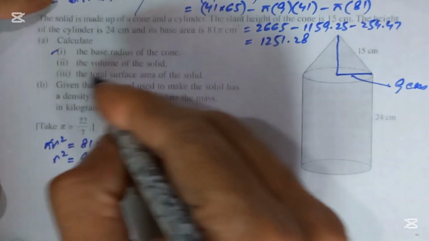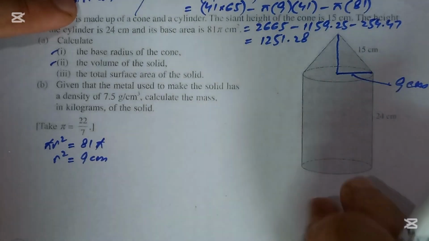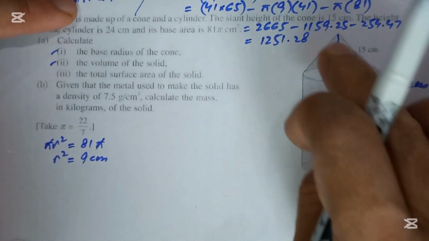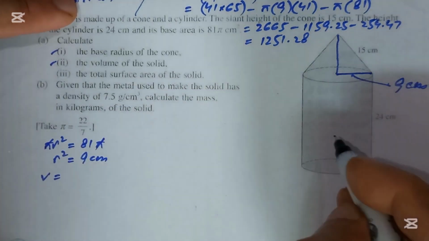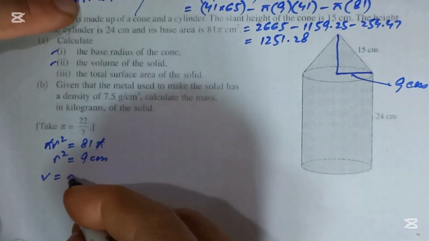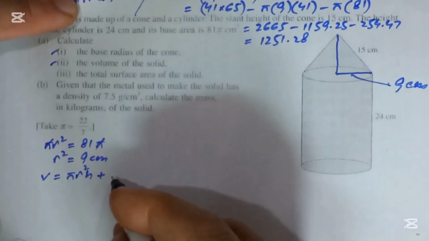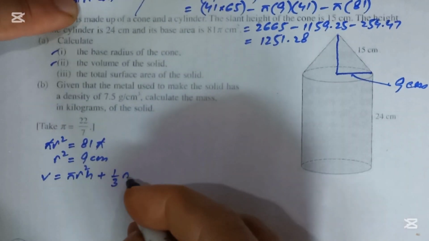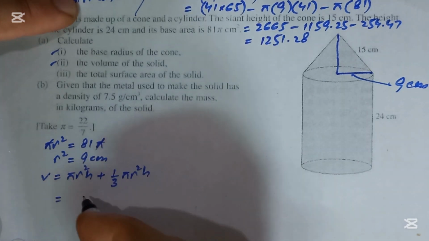Second part is find the volume of the solid. So this solid is actually made up of a cylinder with a cone on the top of it. So volume of the cylinder is pi r square h, and volume of the cone is 1 by 3 pi r square h. Okay, put the values in this formula.